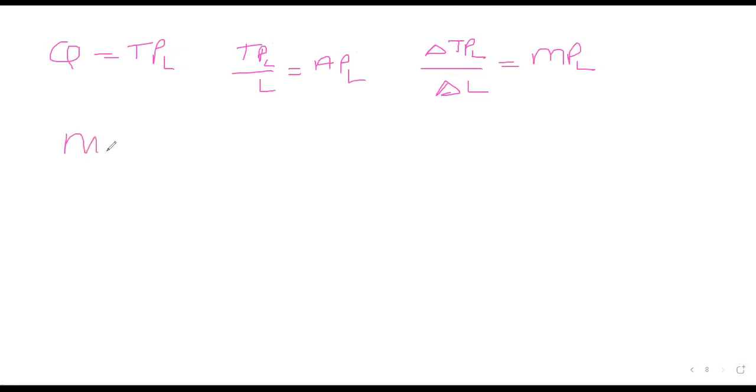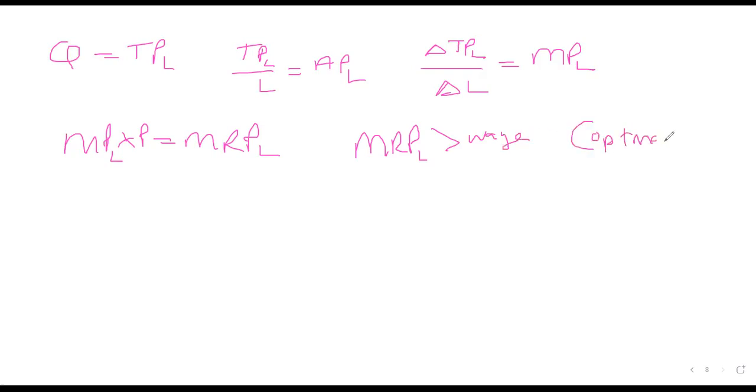The marginal product of labor, when you multiply it by the price, is called the marginal revenue product of labor. If the marginal revenue product is more than the wage, we can call this optimal production. The wage is also called the marginal resource cost.